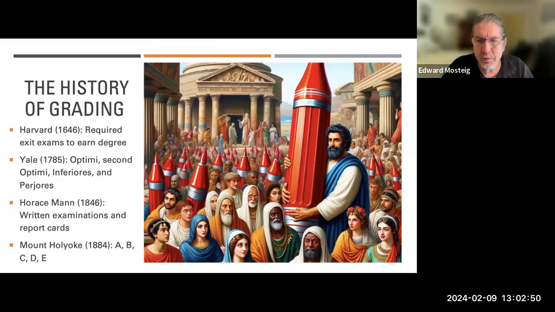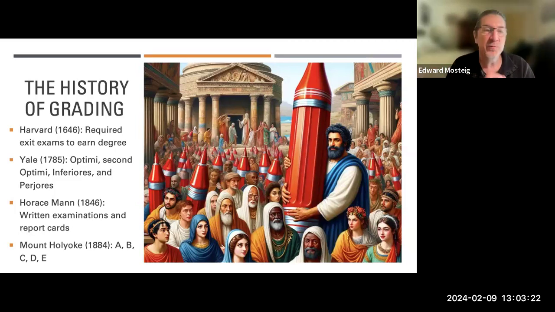Horace Mann, known as the father of the American public education system, was an abolitionist. He proposed having students do written exams and report cards. He believed that all students, regardless of their socioeconomic status, deserved a good, solid education. The problem was that it wasn't uniform, and it still is not uniform.